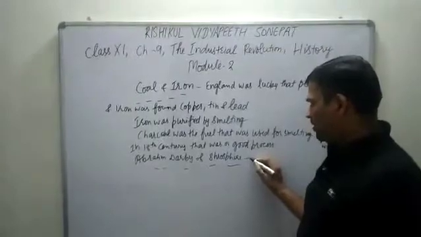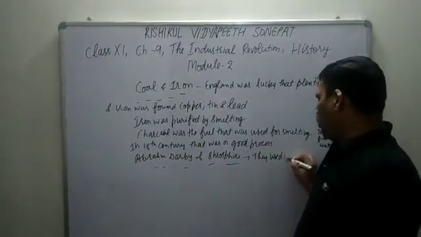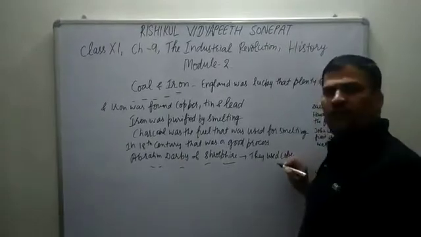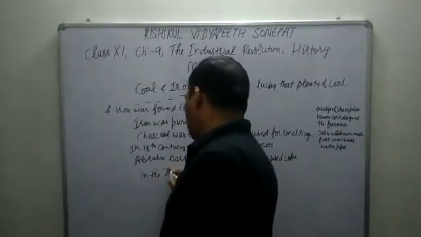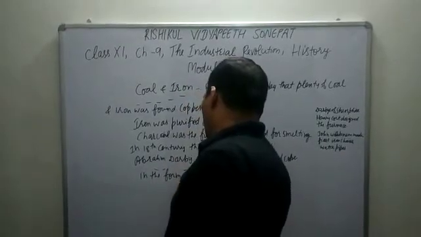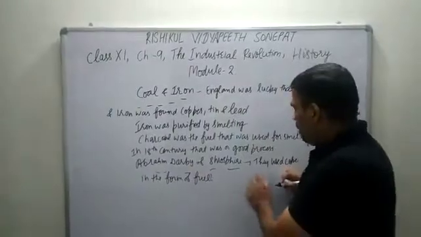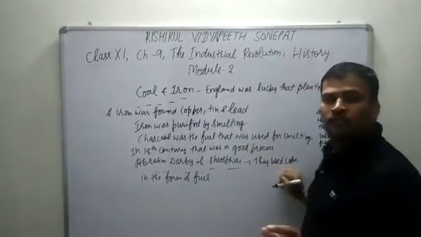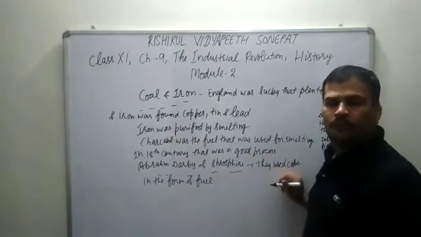What was that? They used coke, a modified form of coal, as fuel. This Abraham Darby used coke instead of charcoal, so good results came.